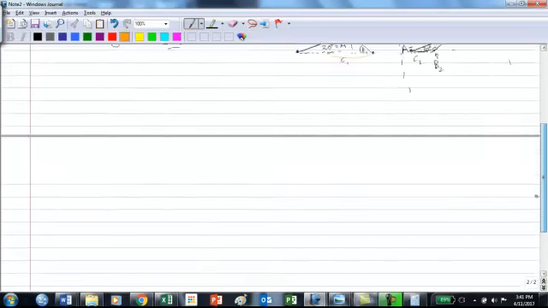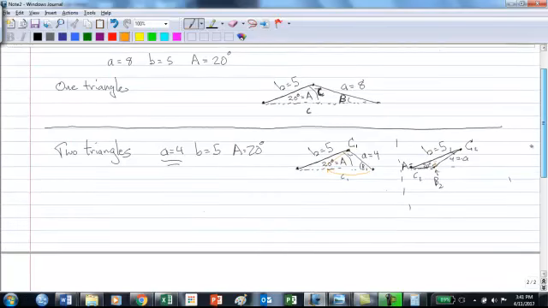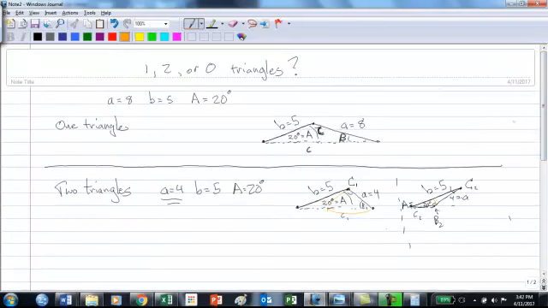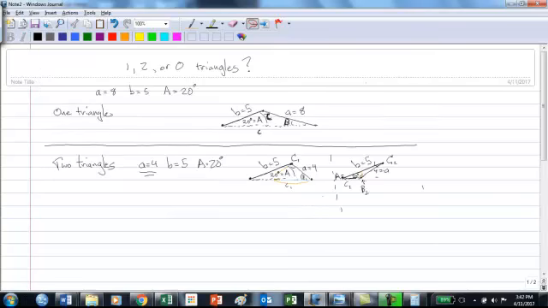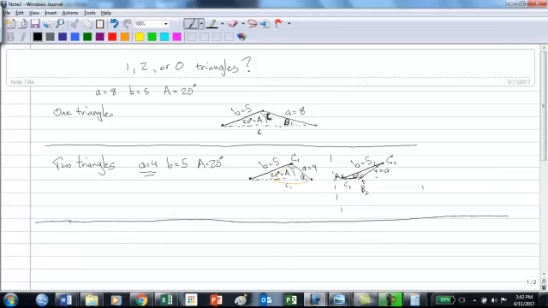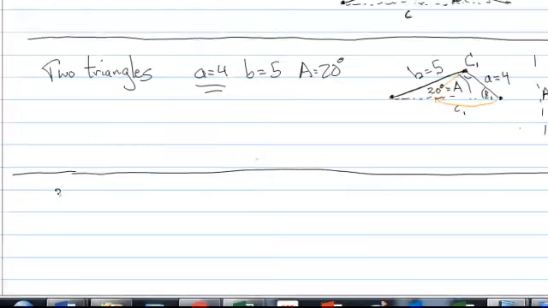Okay, let me bring out the case where there are 0 triangles. Let me shrink this up a little bit so I can get it all on the same screen. Okay, I think we can still see this. Okay, 0 triangles. No triangles.